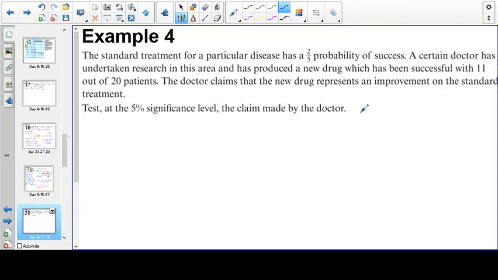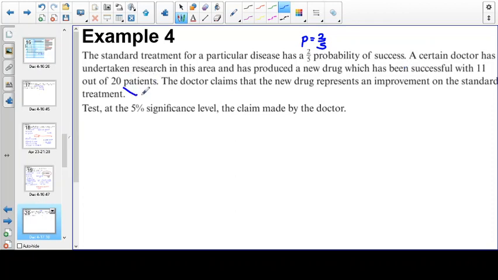Okay, so we're given loads of numbers here. A standard treatment for a particular disease has a 2/5 probability of success. So this is our P. P is going to be 2/5. A certain doctor has undertaken research in this area and has produced a new drug which has been successful with 11 out of 20 patients.